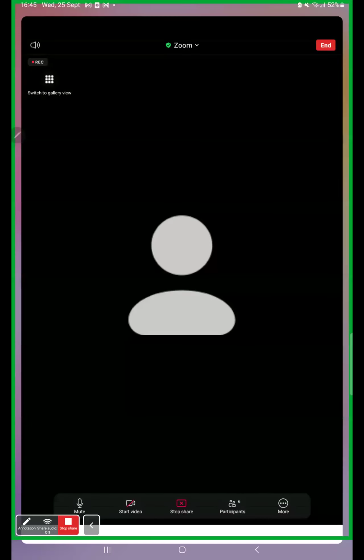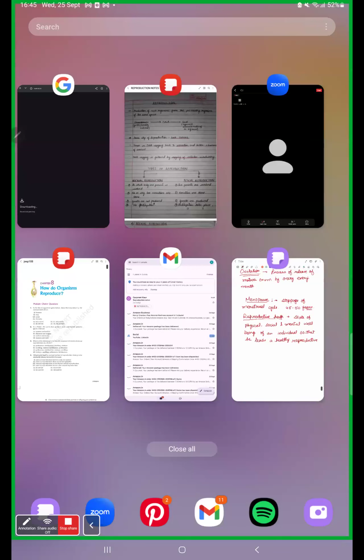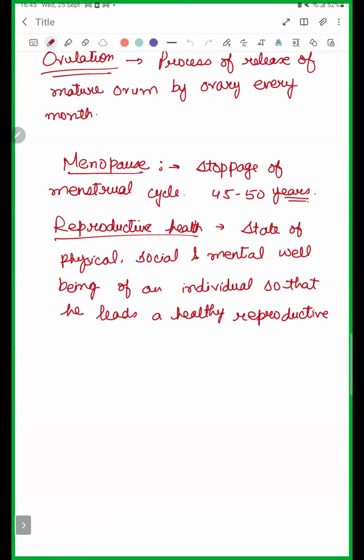So reproductive health, you could be asked to write down the definition. It's the state of physical, social, and mental well-being of an individual so that he leads a healthy reproductive life, which is basically free from STDs. What are STDs? We'll be studying that.